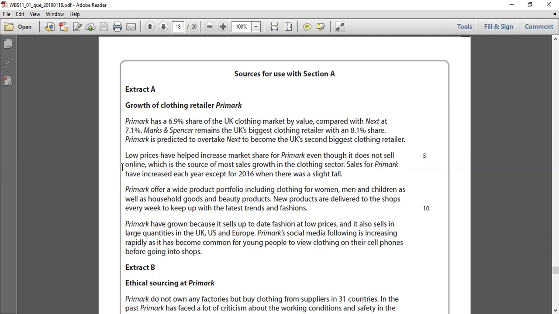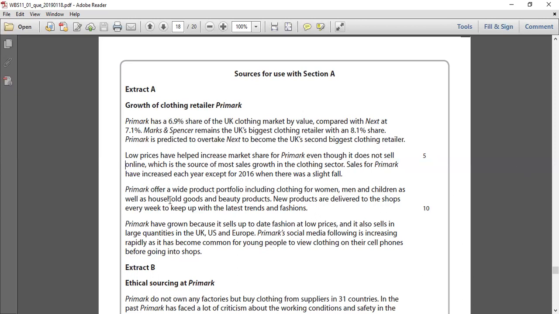A lot of people are ordering from online sources because it's very easy and convenient for them. No need to go to shopping malls, the brick and mortar cost is minimized, and therefore market share can increase. So online sales was not there yet in the clothing sector. Sales for Primark have increased each year except 2016, when there was a slight fall.